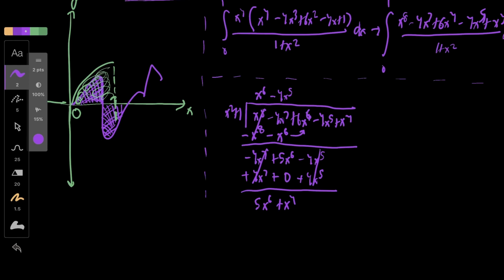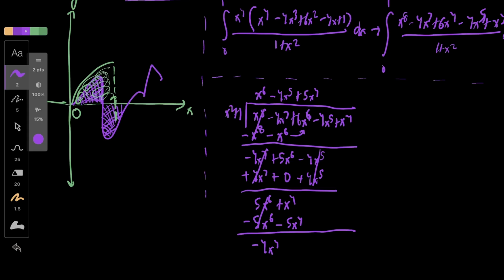So this becomes plus 5x to the 4th, so 5x to the 6th, and then plus 5x to the 4th over here, and then we of course subtract it. So we flip the signs on this, minus, minus, this gets canceled out, and we are left with negative 4x to the 4th, and there's really nothing else to pull down.